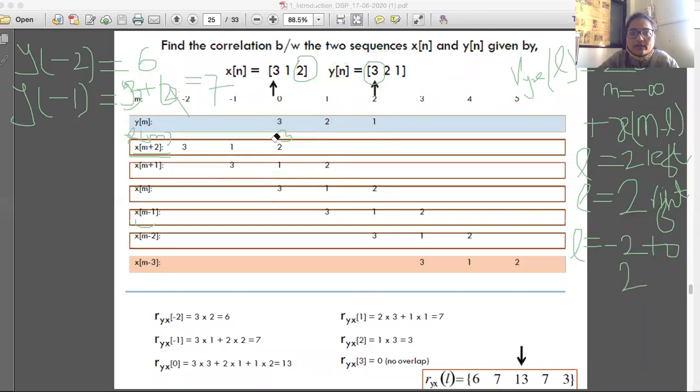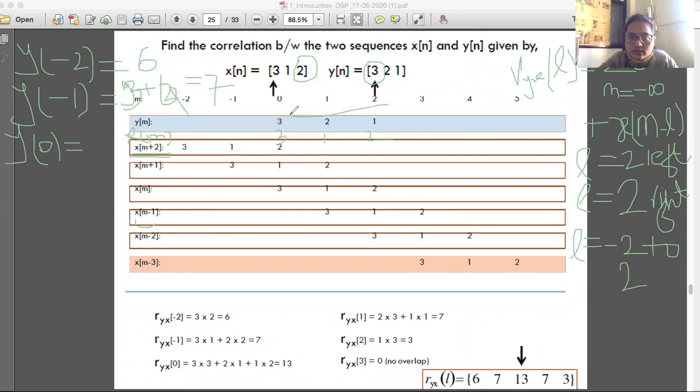Okay, then again I'm going to perform this. I'm going to find out, because my value of L varies from minus 2 to plus 2. So the next value of L will be 0. So y of 0 indicates that there should not be any shift.